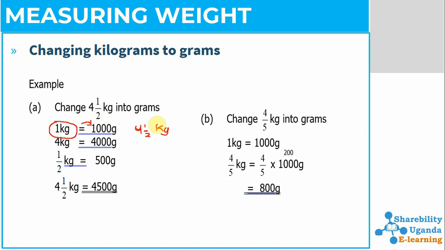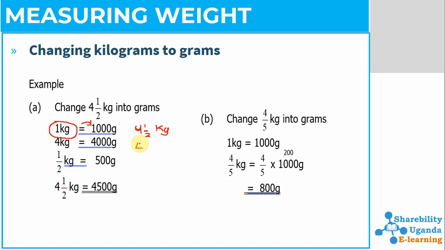Now we want to change this 4.5 kilograms to grams. Remember, we are saying 1 kilogram is equal to 1,000 grams. Then I want to first change the 4, and we shall also change the half.